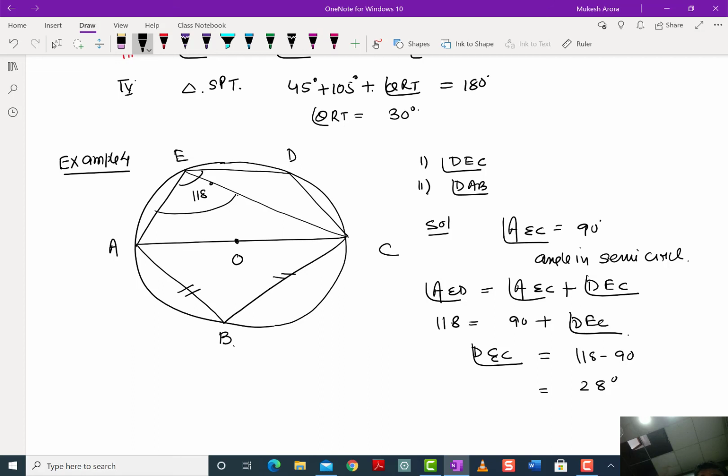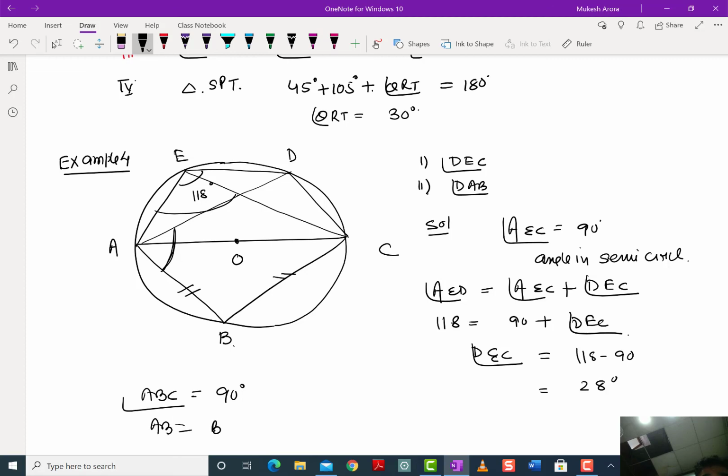Second, we have to find DAB. We have to find this angle. Angle ABC is equal to 90 degree.